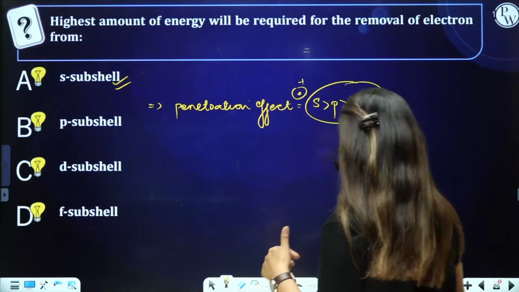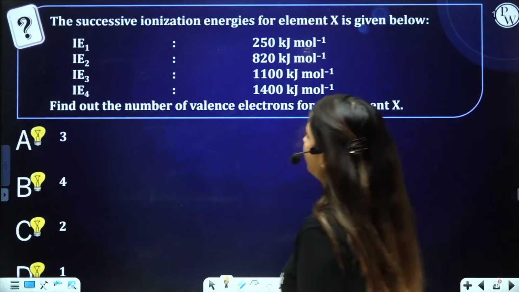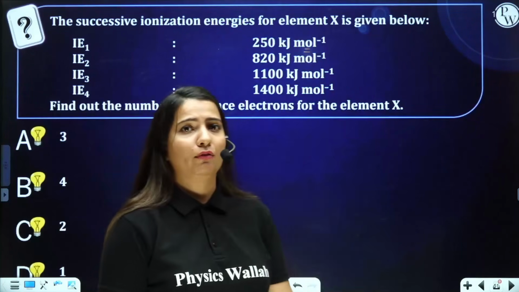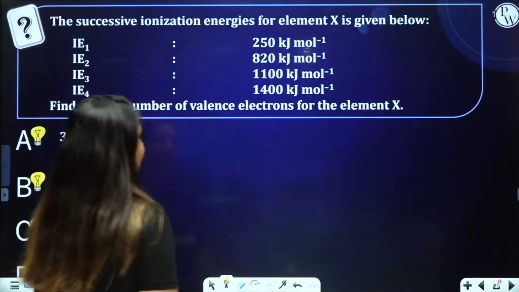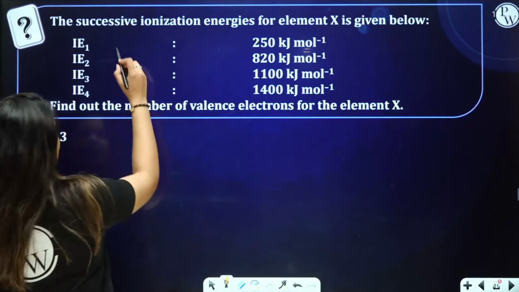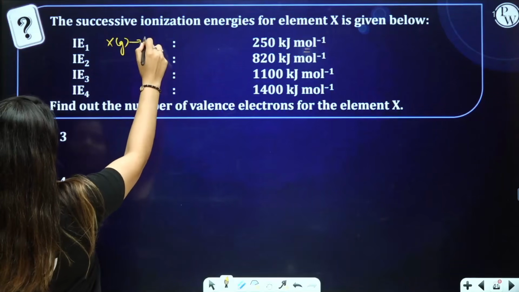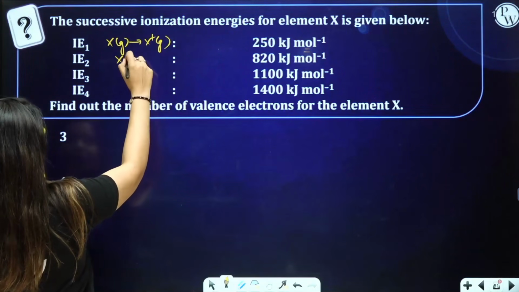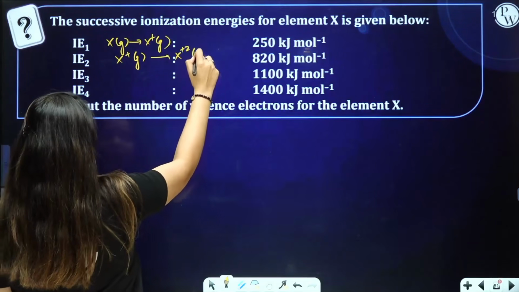Okay, let's move forward. The successive ionization energies for element X are given. See, now this question you have to solve. What they are telling you in this respective case is, ionization energy 1: X gaseous is converted into X positive gaseous. Ionization enthalpy 2: X positive gaseous is converted into X plus 2 gaseous.